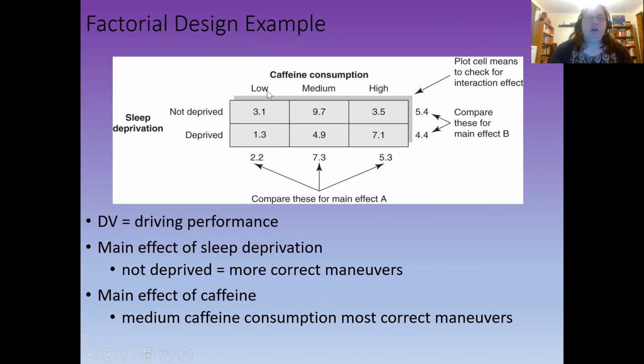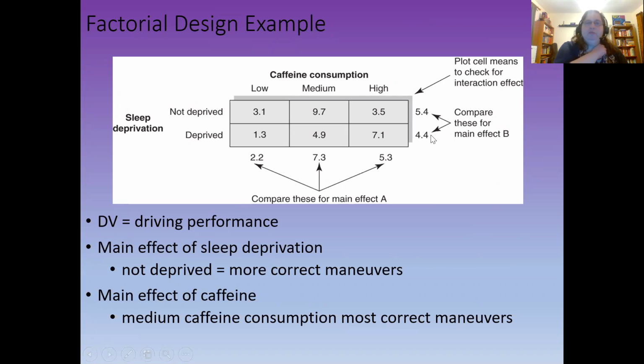So here are our low, medium, high caffeine consumption and our not deprived and deprived groups. So if we look across the means for not deprived, on average, we get a mean of 5.4. And if we look for an average of means for deprived, we'll get an average of 4.4.